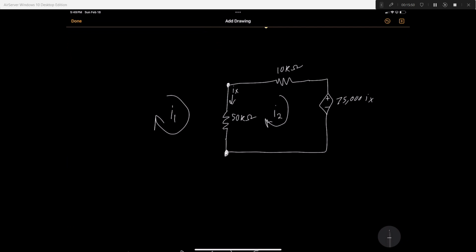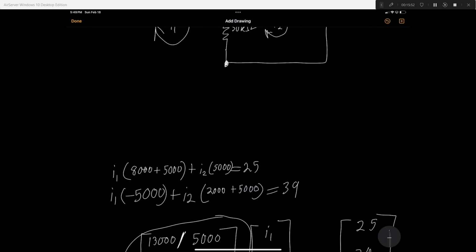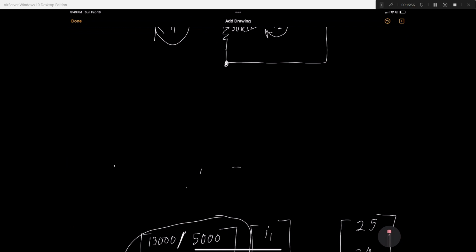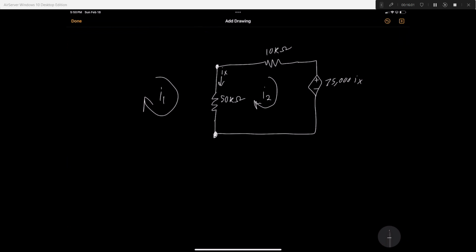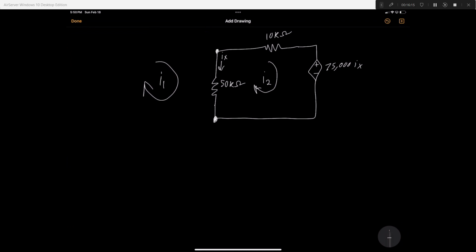Alright, how do we do I2? Do I1 like we've been doing. I2 is the same, just this dependent source here makes it a little weird. So this itself is already a voltage source. It's a dependent source.